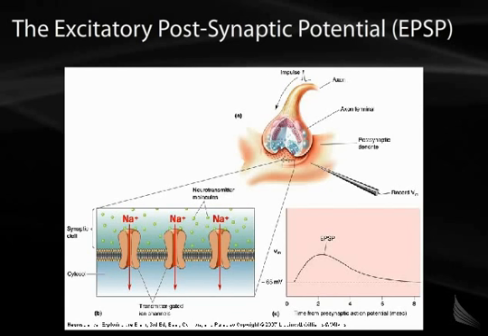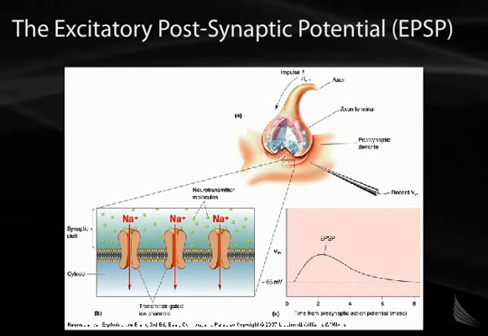So here are some examples of the types of responses that one can see once neurotransmitter is released. Neurotransmitter may bind, as shown in this case, to an ionotropic receptor that allows sodium to pass through it. So if the ligand, in this case a neurotransmitter, binds to this receptor, sodium channels open, sodium rushes in, and the cell, as shown in the bottom right, will depolarize.